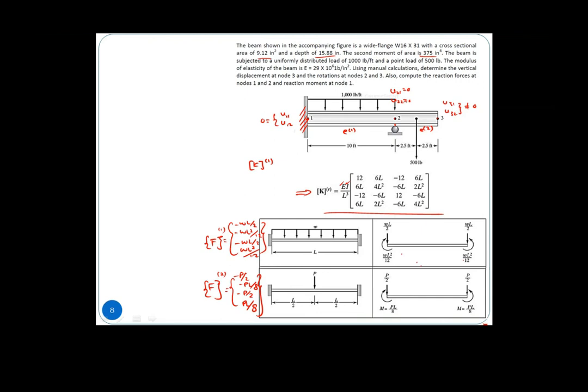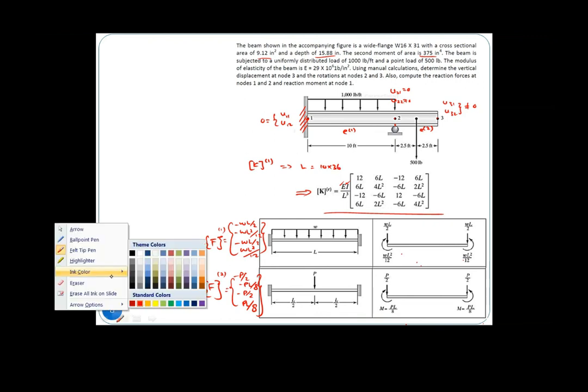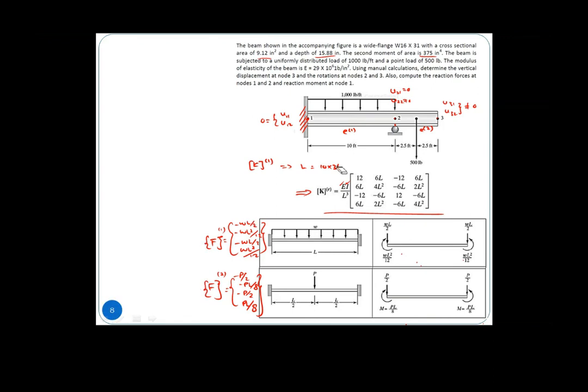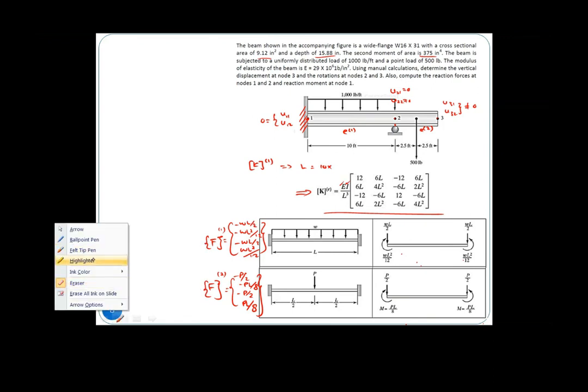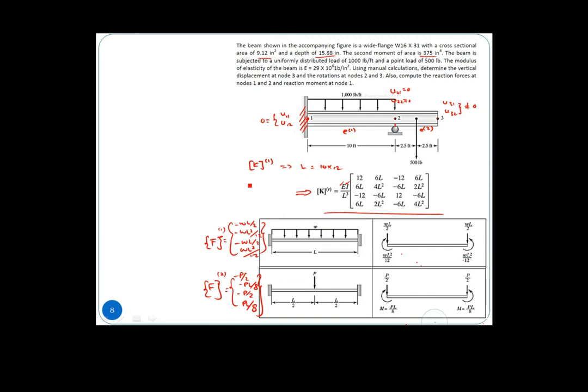So for the 10 feet element, L will be replaced by 10 times 12, which is 120. Then for our K, element number 2, we have L equal to 5 only. So here we'll be talking about 5 times 12.